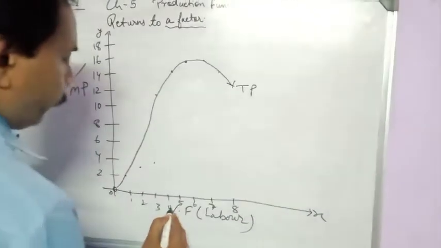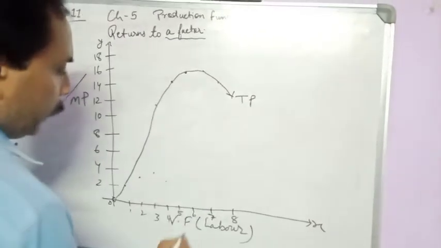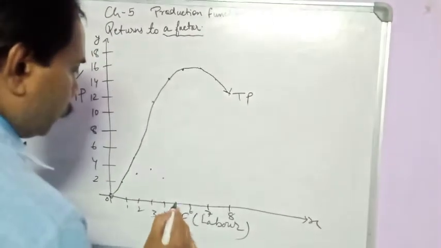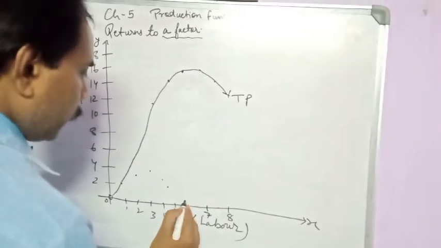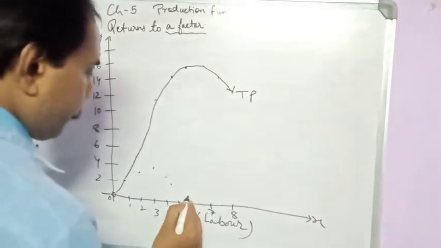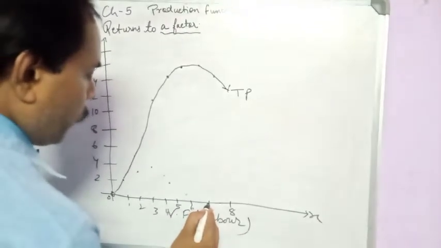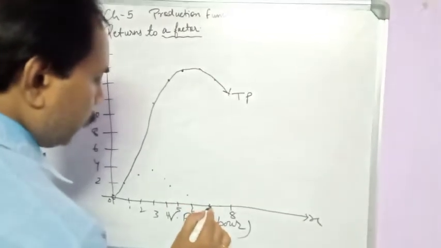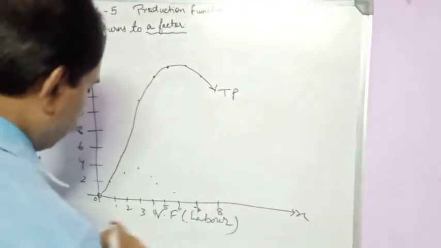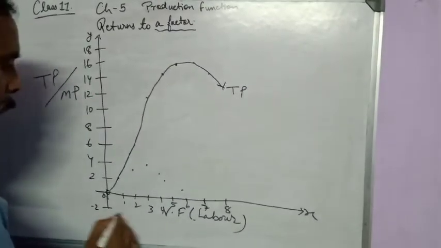When we apply the fourth laborer, the marginal production again becomes 3. Next, fifth, then 2, sixth, then 1, seventh, it becomes 0. Eighth, that has become minus 1.